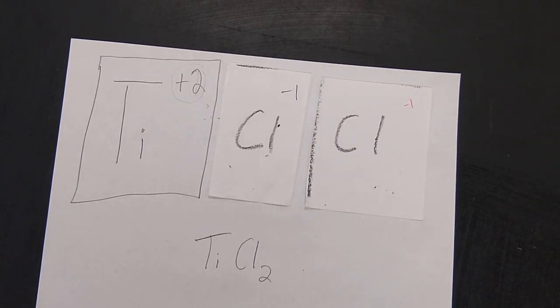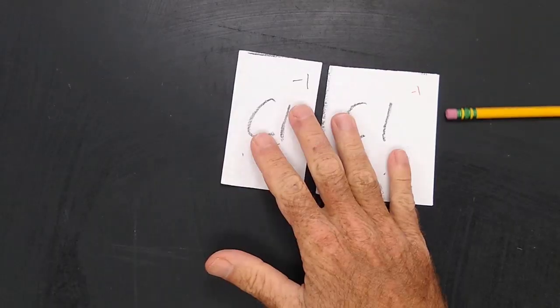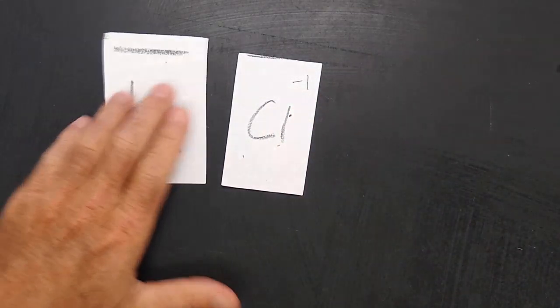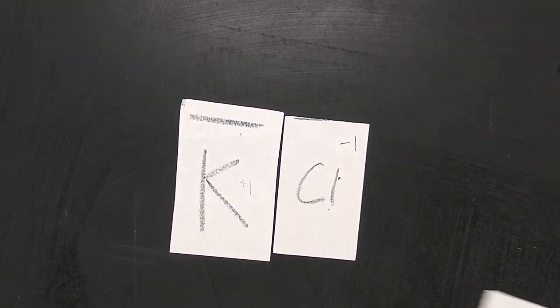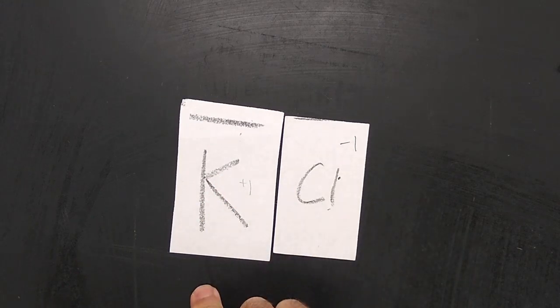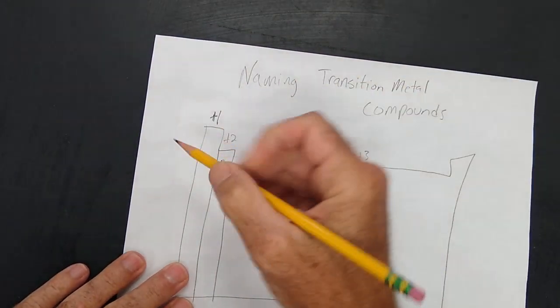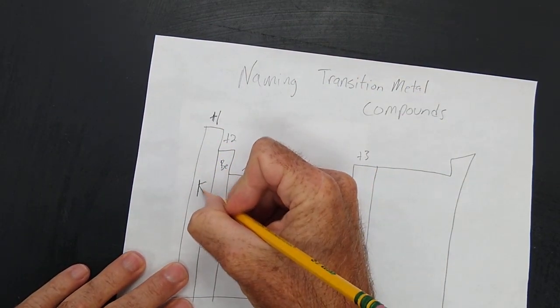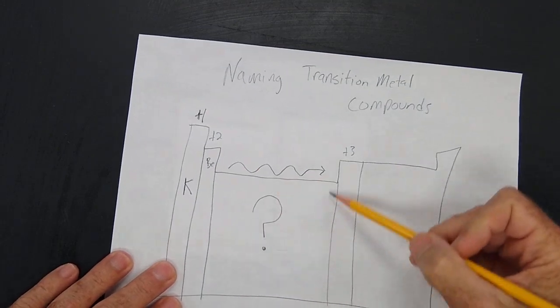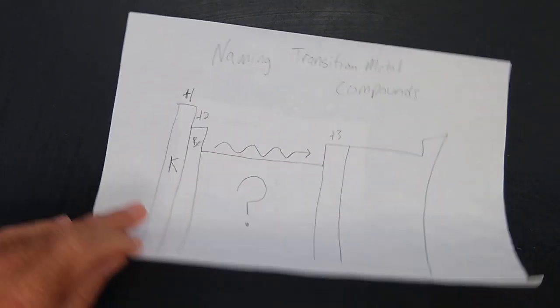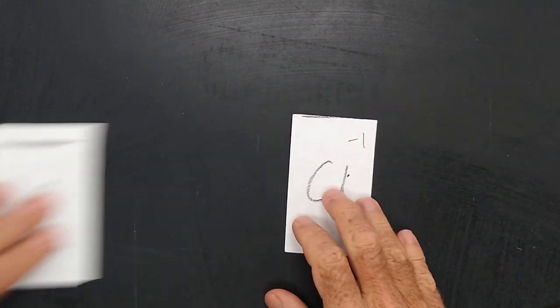So in review, this formula is just called potassium chloride because potassium is from group 1 and it will always have a charge of +1. It's a permanent oxidation number. But when you get to the middle of the table, you could have multiple versions.